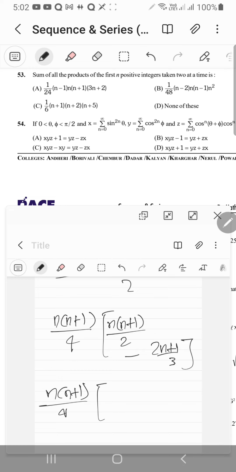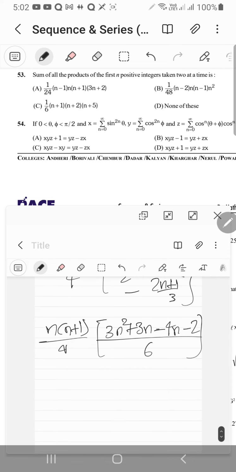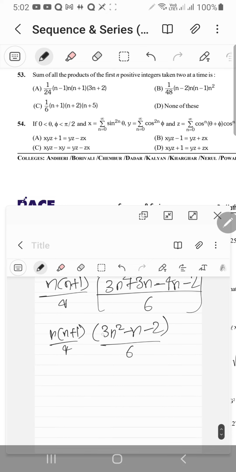Let's see what this is. 3n squared plus 3n minus 2 goes over there, minus 4n minus 2 upon 6. And this is 3n squared minus n minus 2 upon 6. Can we somehow break this? So n into n plus 1 upon 4, maybe.